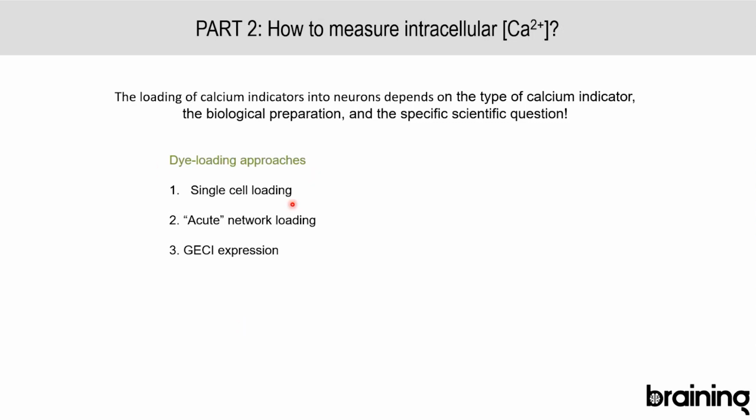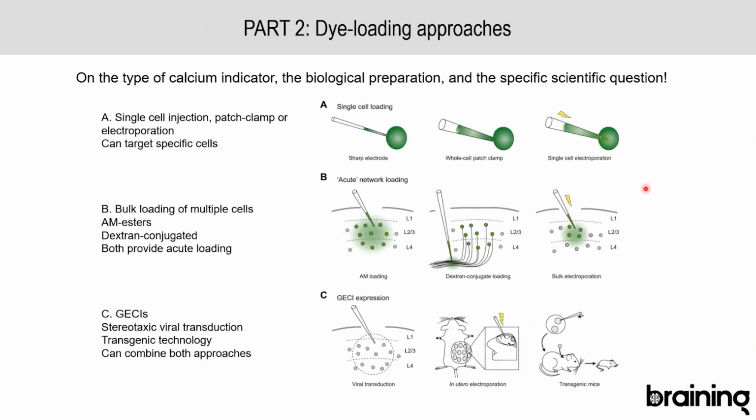We can have single cell loading, acute network loading, or the expression of the GECIs. Here is a schematic representation of these different types of loading. And most importantly, of course, we will do the loading depending on our specific scientific question.